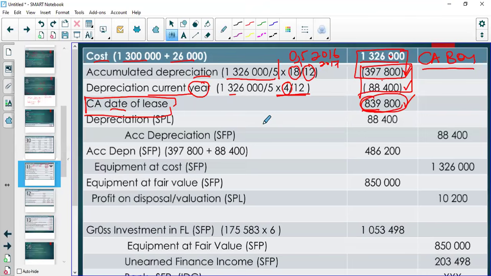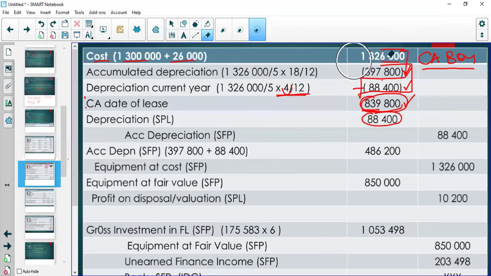Right. So if we are supposed to account for the leasing of the asset using the gross method, for the lessor, the starting point is to update the depreciation. So there's a depreciation expense for the current year, and we have to debit 88,400 to the depreciation expense.